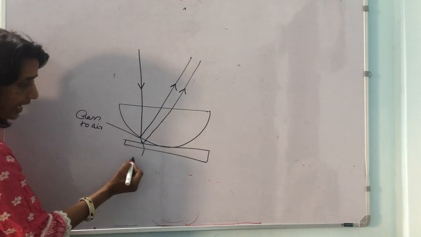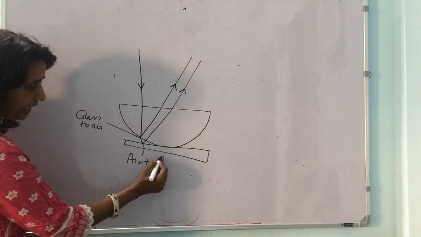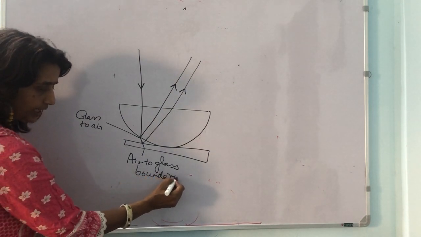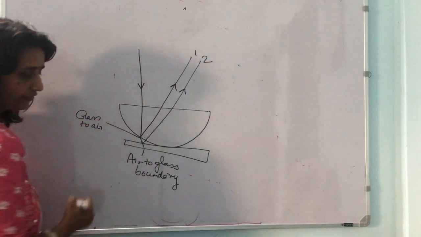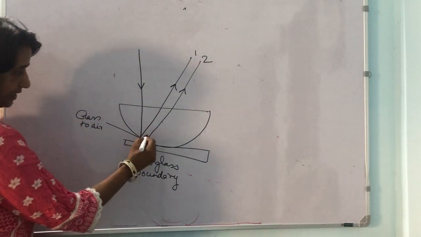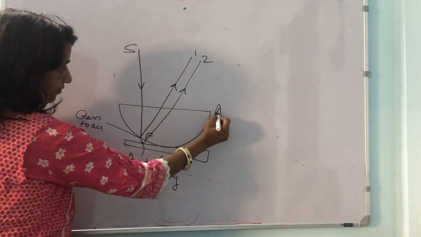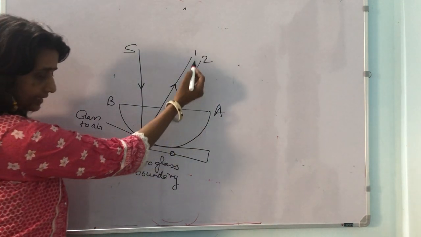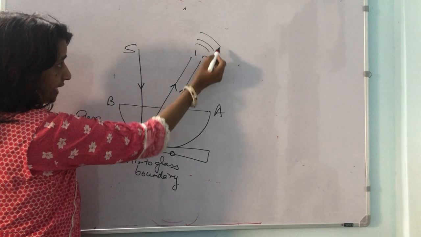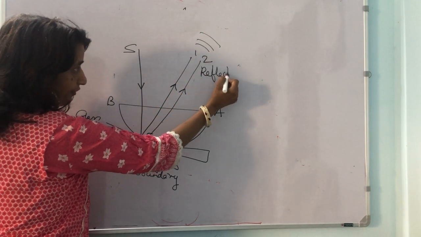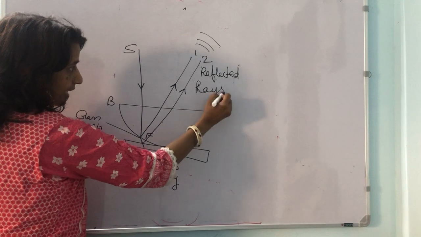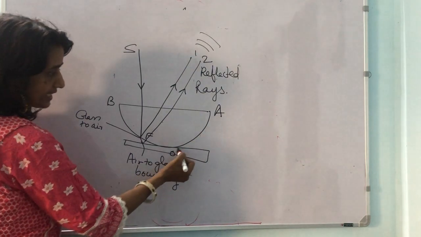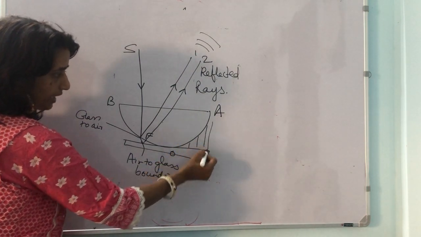So this is air to glass, the air to glass boundary which this ray is crossing. Because of the interference of these two reflected rays, we will get a fringe pattern here. This means interference due to thin films in reflected light, and this is the wedge-shaped air film formed here.